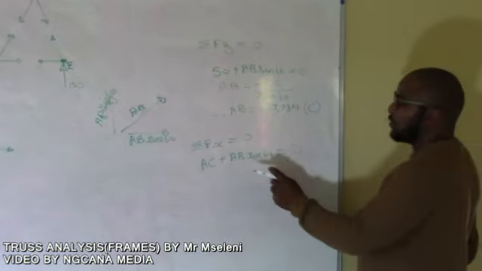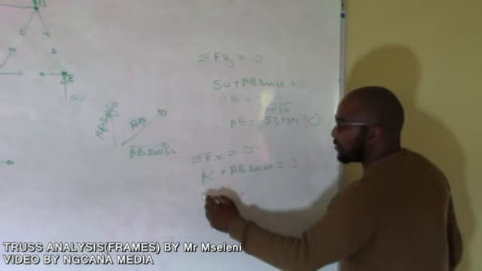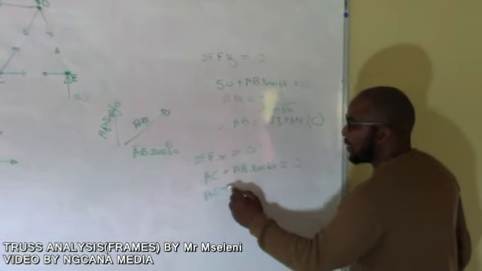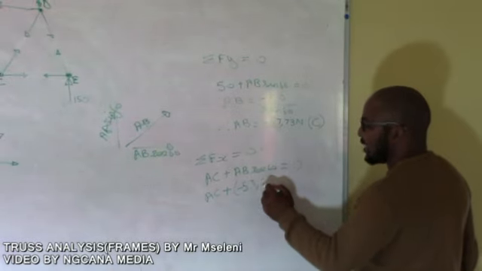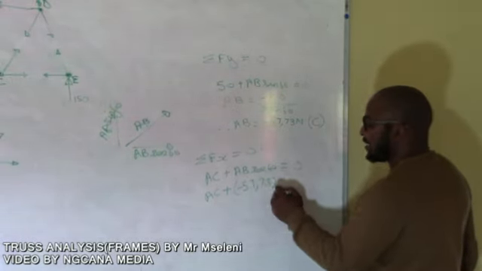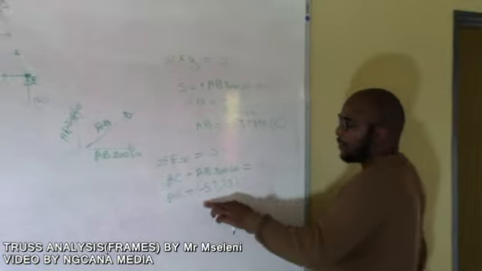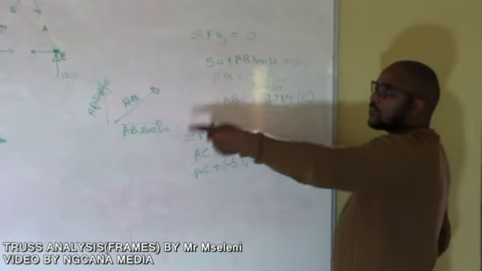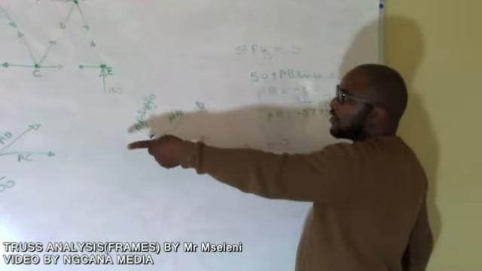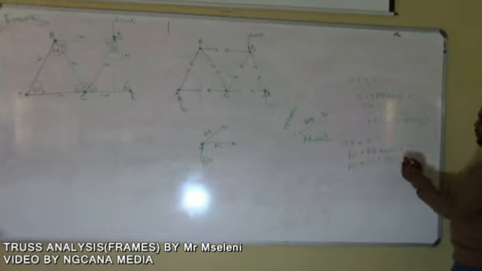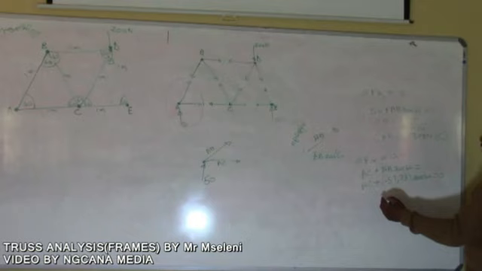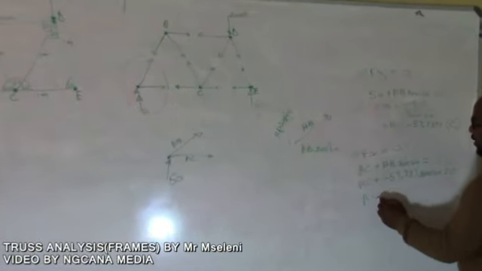Therefore, you calculate for AC because we've got AB. It's going to be AC plus, your AB is negative 57. You don't change that sign, because it just indicates that it's in compression. According to your assumed direction from the first part, you assumed that it's in tension. Now you put that negative, and then you put your cos 60 equals 0, and then you calculate your AC.